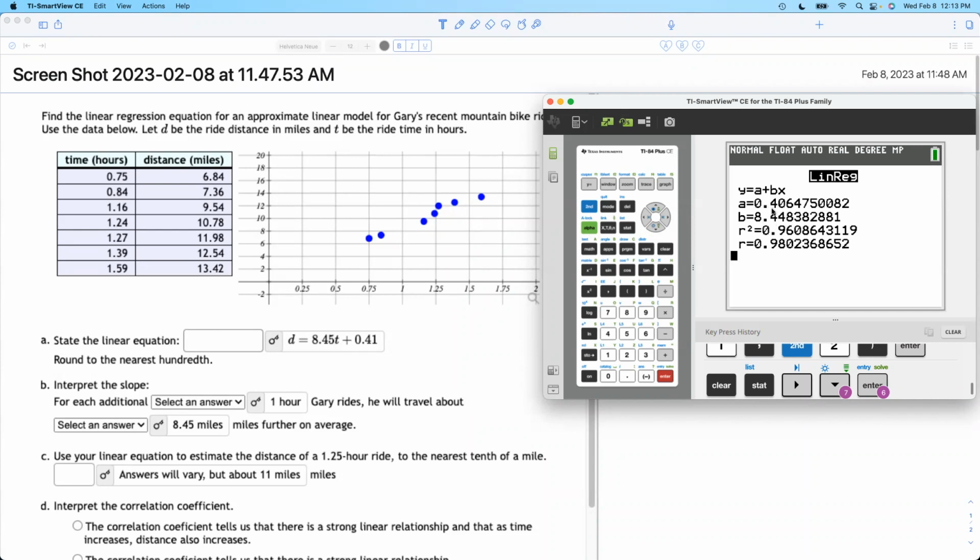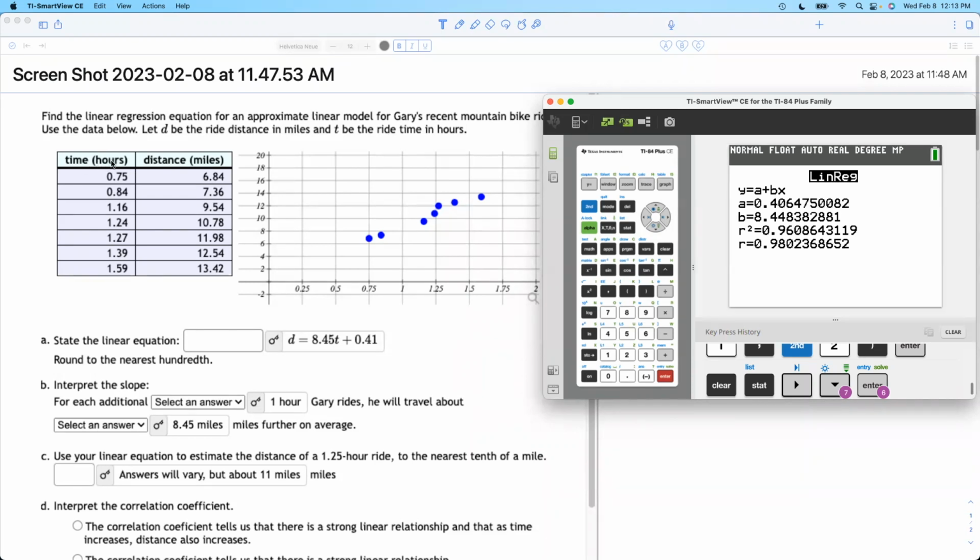But that is the slope. I know that because it's the number beside X. And that's the Y coordinate of the Y-intercept. Now, let's interpret those. What does that slope mean? Slope is always change in Y per change in X. For each additional X, what's X measured in?